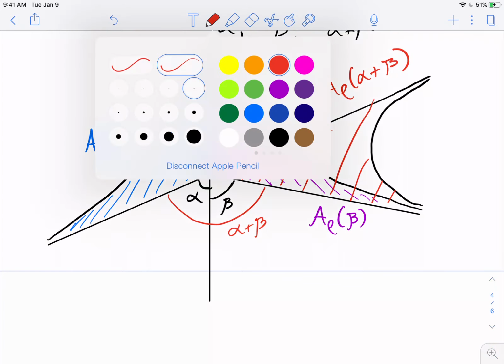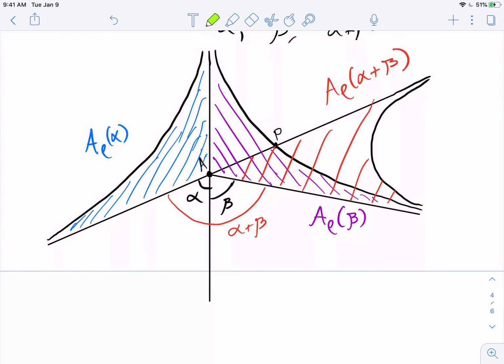Notice there's a little bit of overlap between the purple and the red, so let's give that region a name. This green region might be called a 1/3 ideal triangle because it has two actual vertices and one sort of asymptotic vertex off to the right.